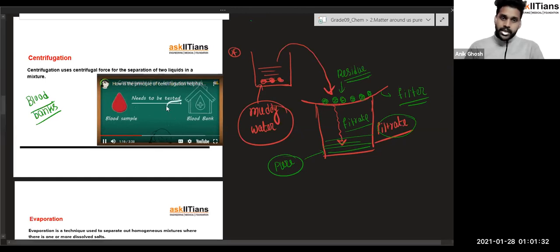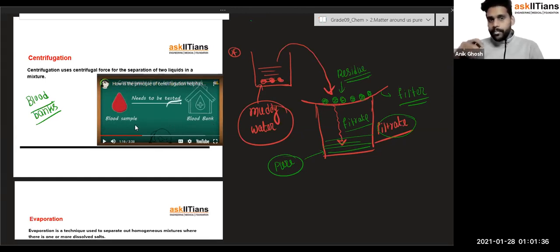Like I told you, when you are going to a blood bank, or just doing your own blood test, what do you do? You just give your blood, right? What do the scientists or the doctors generally do? They try to separate out all the components from the blood: the RBC, the WBC, the platelets, and the plasma.